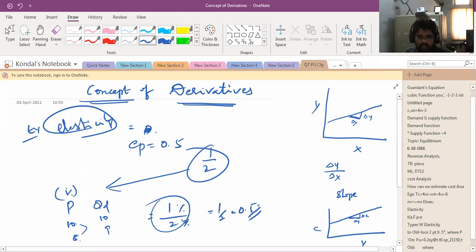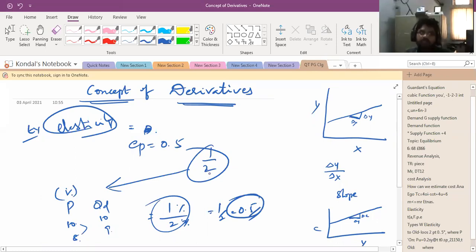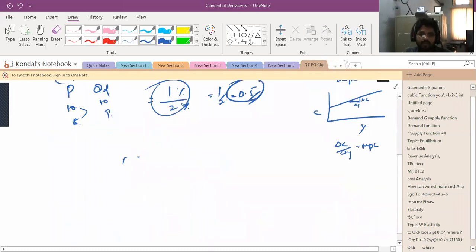So it represents the rate of change in corn demand due to changes in X. We can say, for example, derivatives, as I told you, delta Y by delta X. For example, 1 by 2. What does it mean?